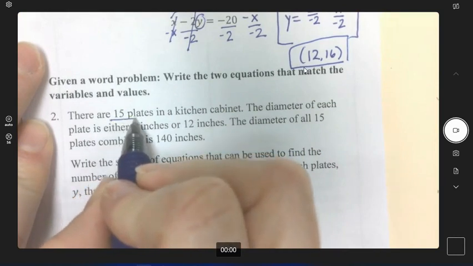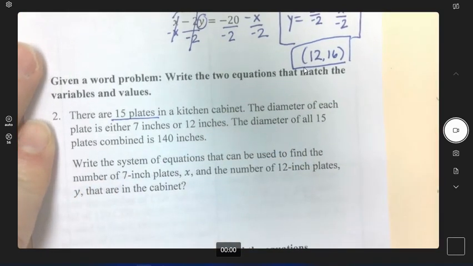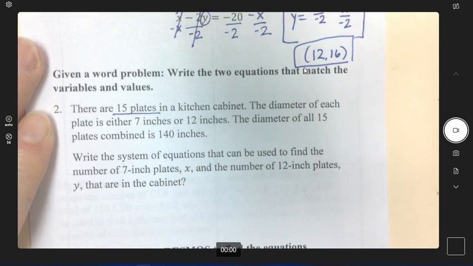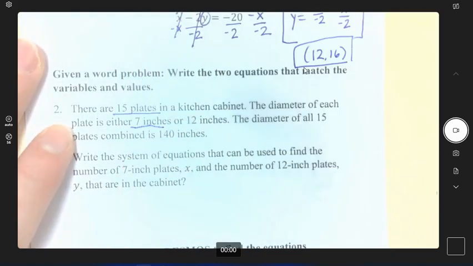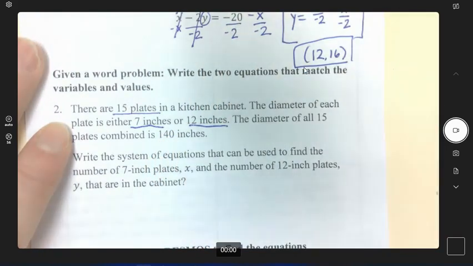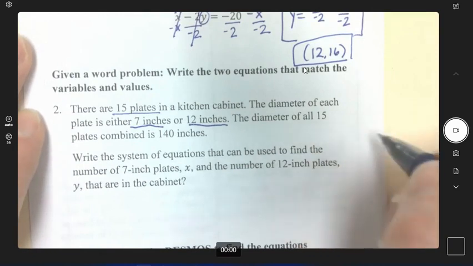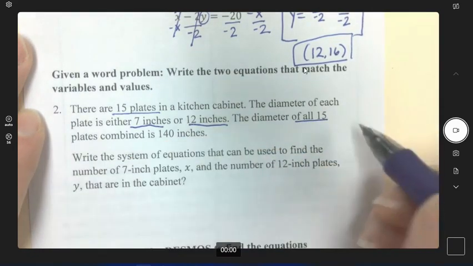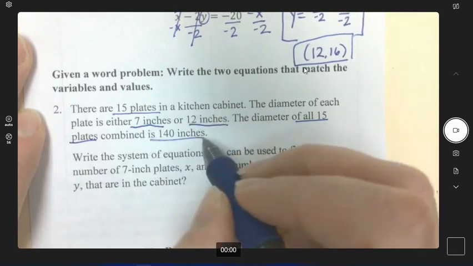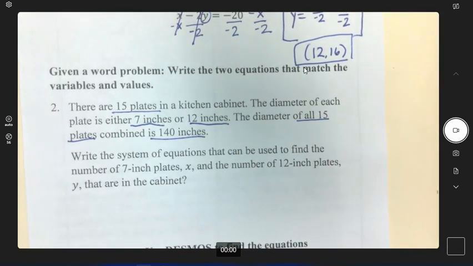I would underline or highlight that. So 15 plates. That's a total, right? The diameter of each plate is either 7 inches or 12 inches. So we got 2 different types. The diameter of all the plates combined, all 15 plates combined, is 140 inches.